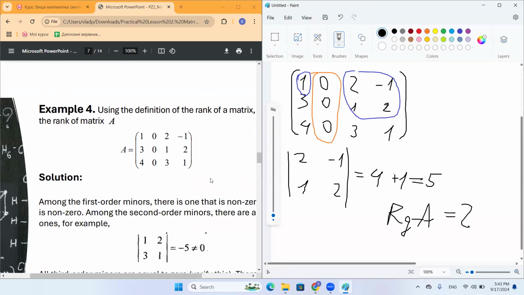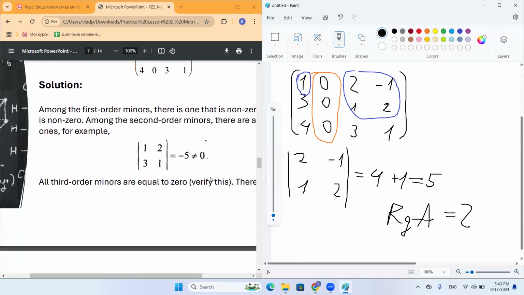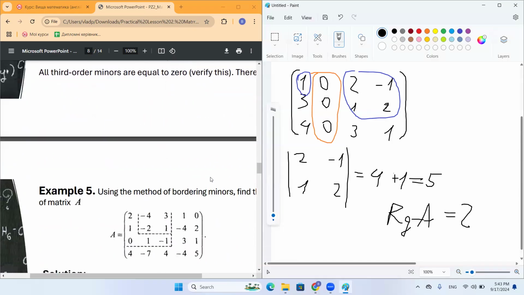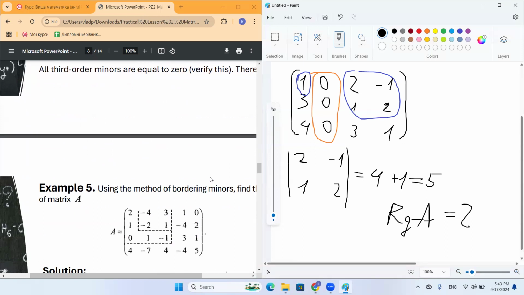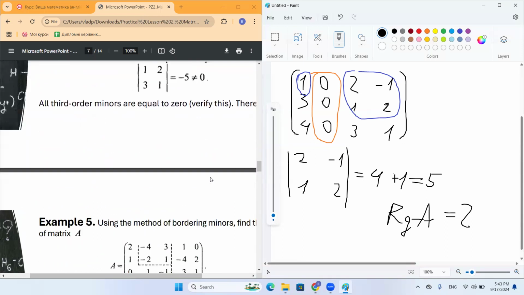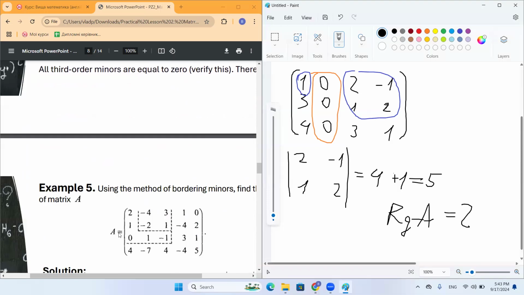Correct. And now we will use the method of bordering minors. Well, actually, here you can see the spoiler.